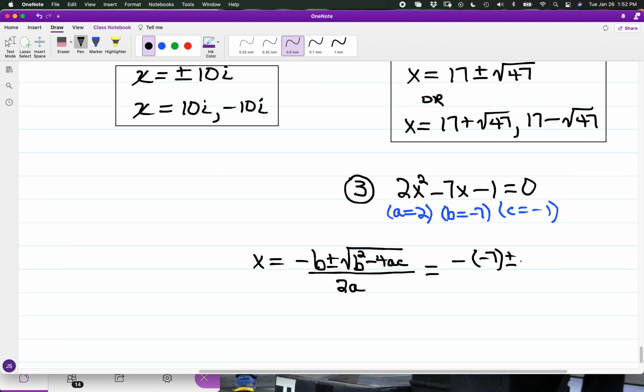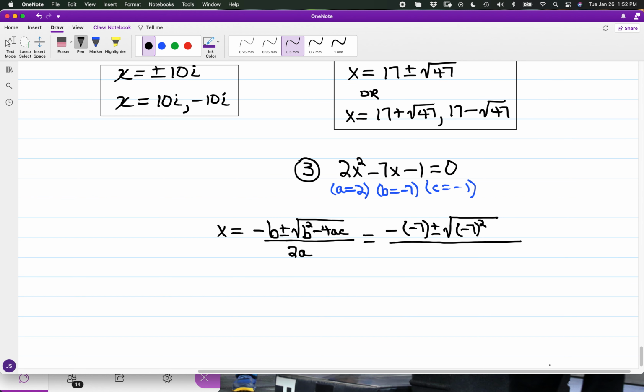We have plus or minus the square root. For b squared, I have the square of negative 7. And for minus 4ac, we have minus 4 times 2 times negative 1. And we have all over 2a, so 2 times 2.